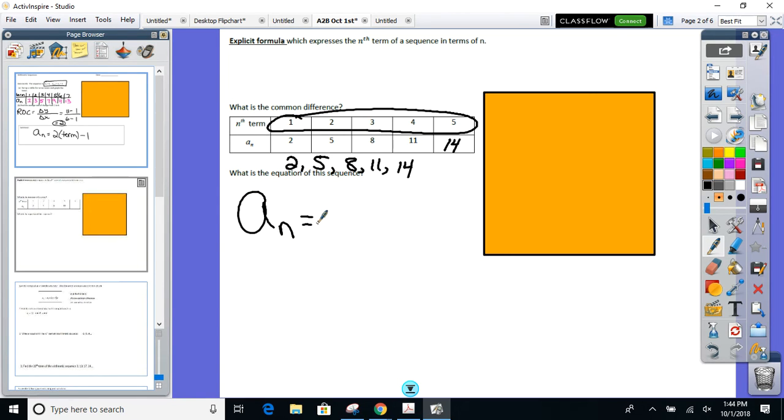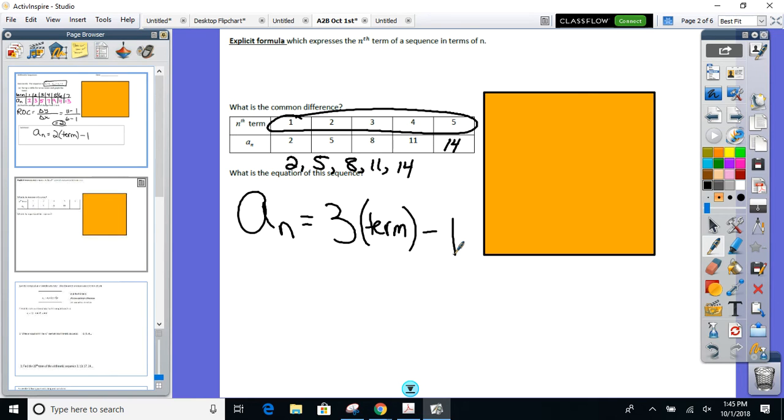How do I find any term now without adding 3 to the previous one? Multiply the term by 3, yep. And that's not good enough though. Subtract 1, yep. Everyone agree that works?